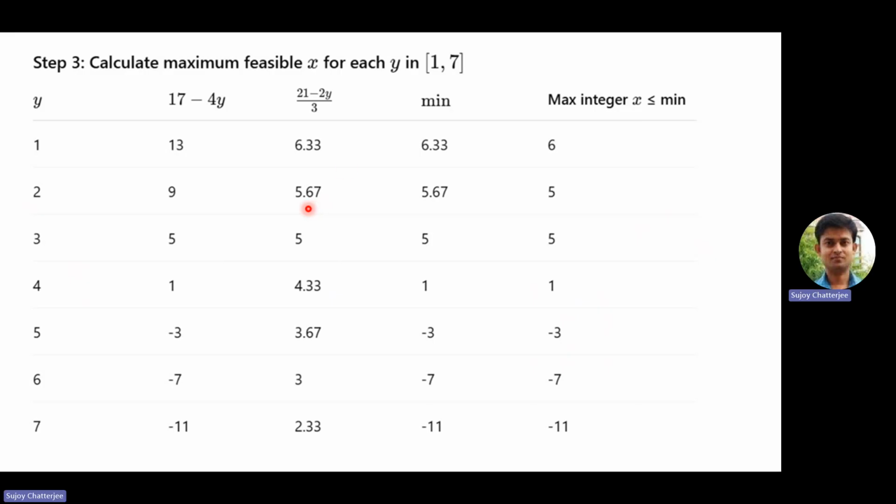So we can see here, when y is 1, 17 minus 4y is 13, (21 minus 2y) by 3 is 6.33, the minimum value is 6.33, and the maximum integer x less than or equal to the minimum is 6. So in this way, for each value of y, we need to find this value.